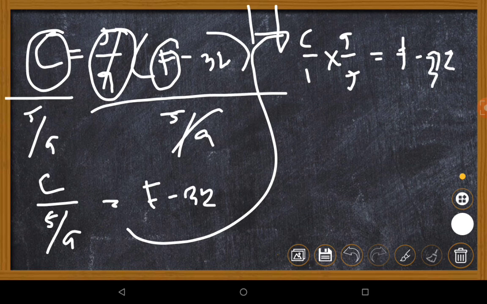So cross multiply, this would be 9/5 times C is equal to Fahrenheit minus 32. Now in order to eliminate this negative 32, we need to add 32 to both sides.